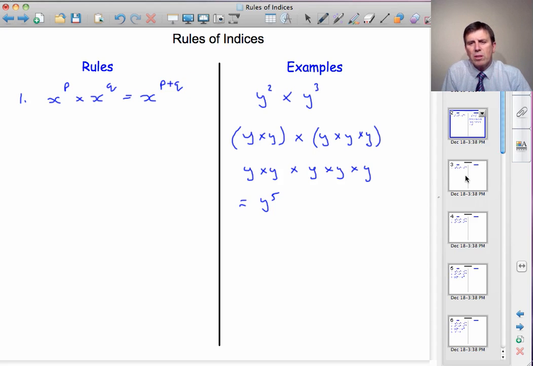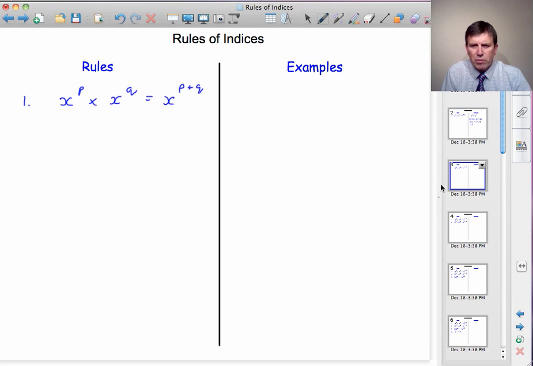Moving on now to find a second rule for indices. Let's consider y to the power 5 divided by y squared. What do we mean by that? Well, let me write out y to the 5 first, and then divide that by y squared, which is y times y.